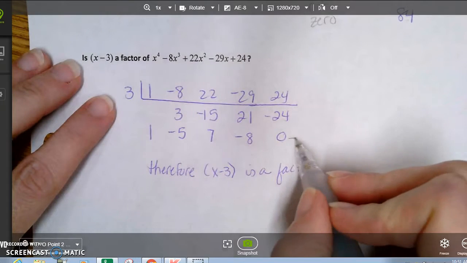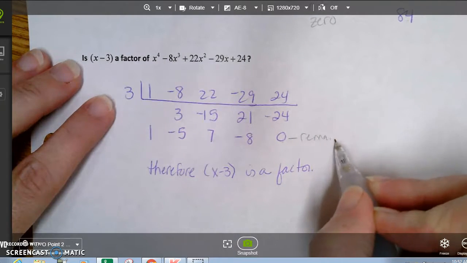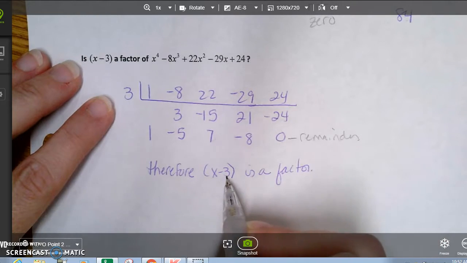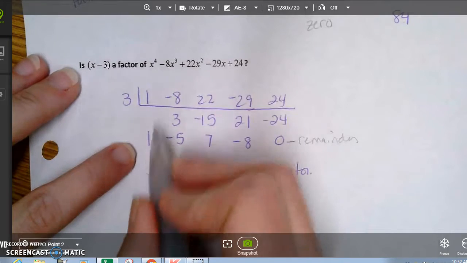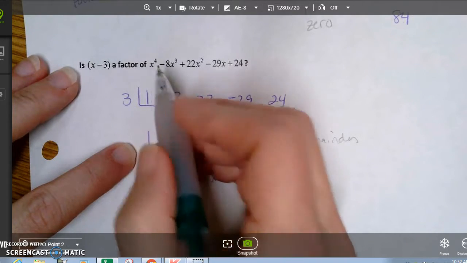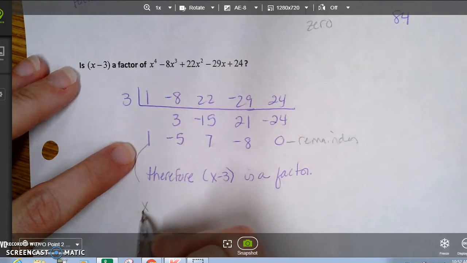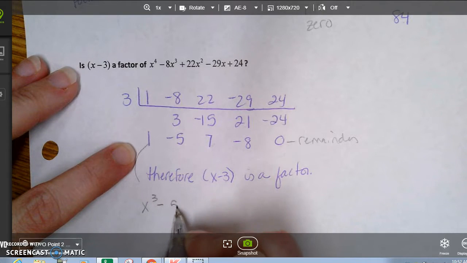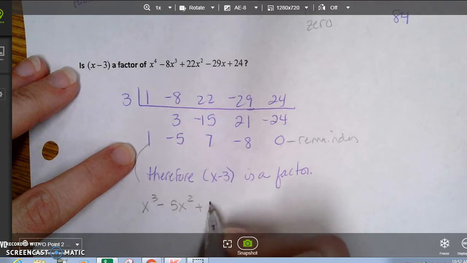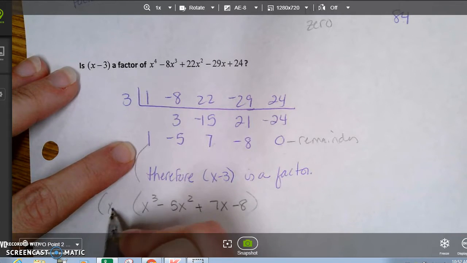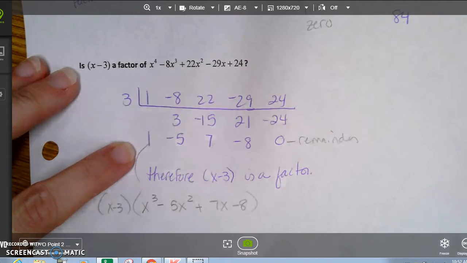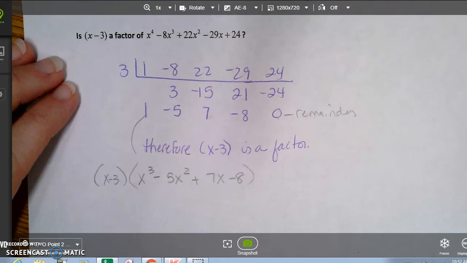Since my remainder is 0, that means that x minus 3 is a factor. And what have I also done? I've gone from x to the 4th power to now x cubed minus 5x squared plus 7x minus 8. I have now factored my polynomial, and I can continue to follow the same steps to factor it more.